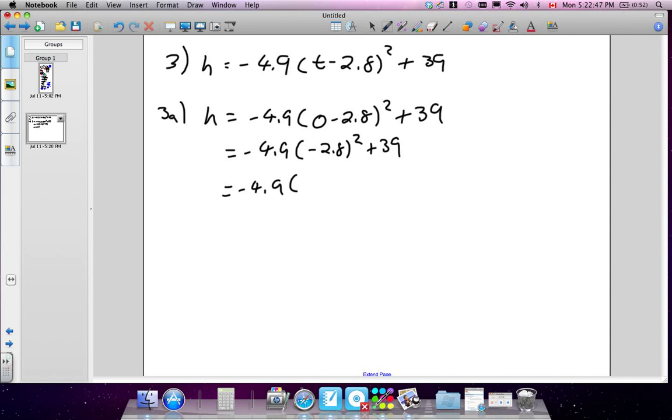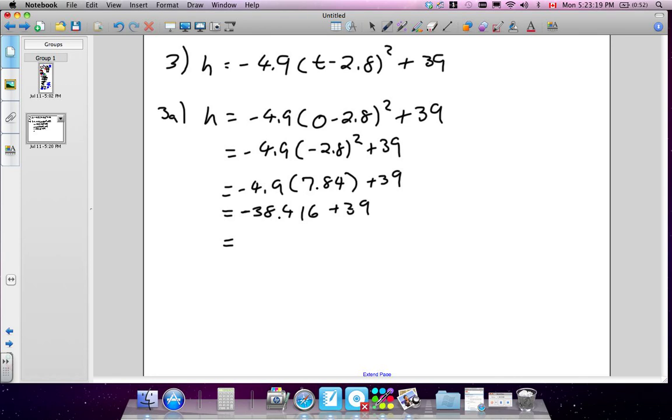It's going to be negative 4.9 times 2.8 squared, which is 7.84. And then multiply that by negative 4.9. Okay, 38.416. Okay, perfect. Plus 39.